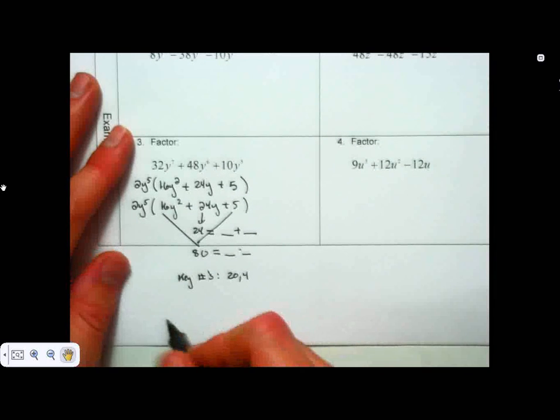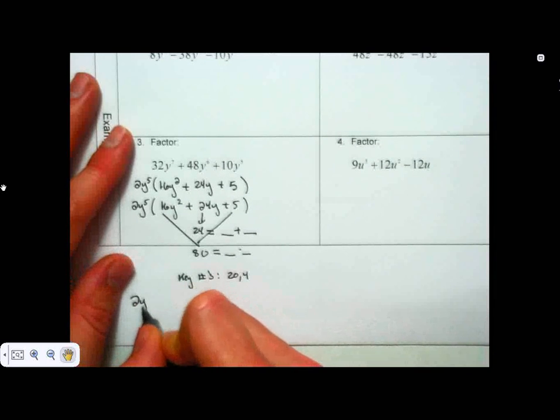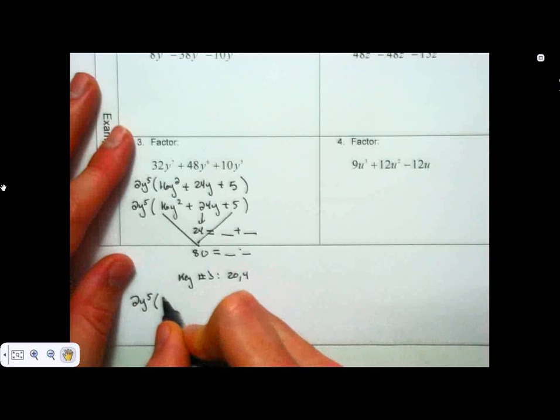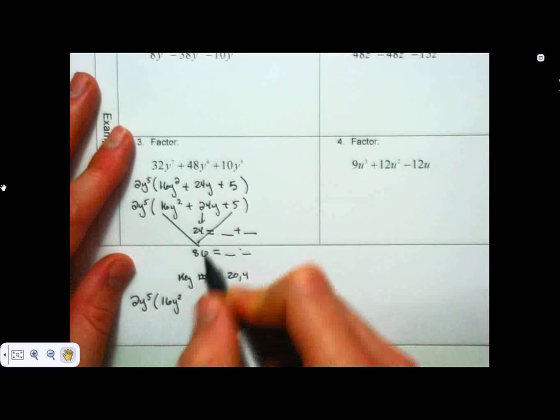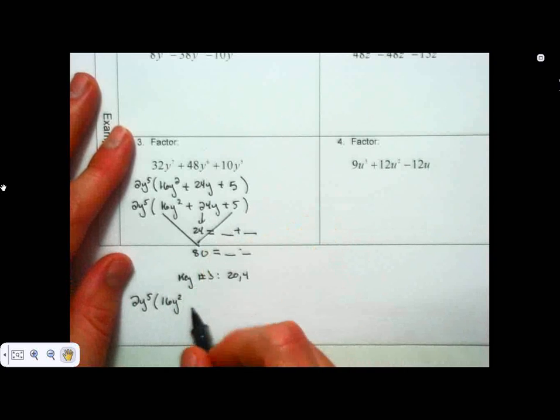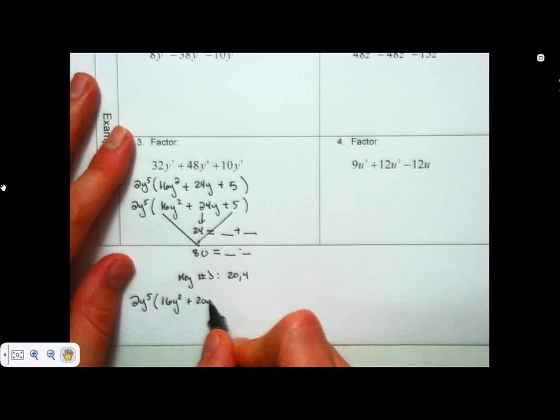And now that tells me basically how to break up the middle term. So instead of having 24y, I'm going to have 20y plus 4y.